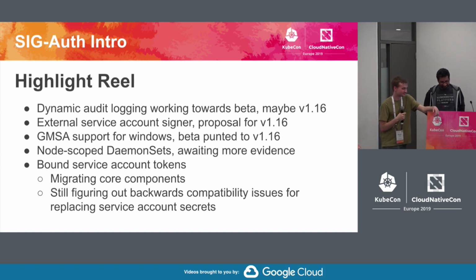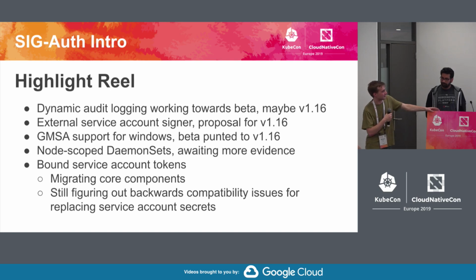So this is also part of the overall hardening effort. There are a lot of things like the Calico node agent or the node problem detector, which are essentially node scoped system daemons, and they do need some access to write to the Kubernetes API.